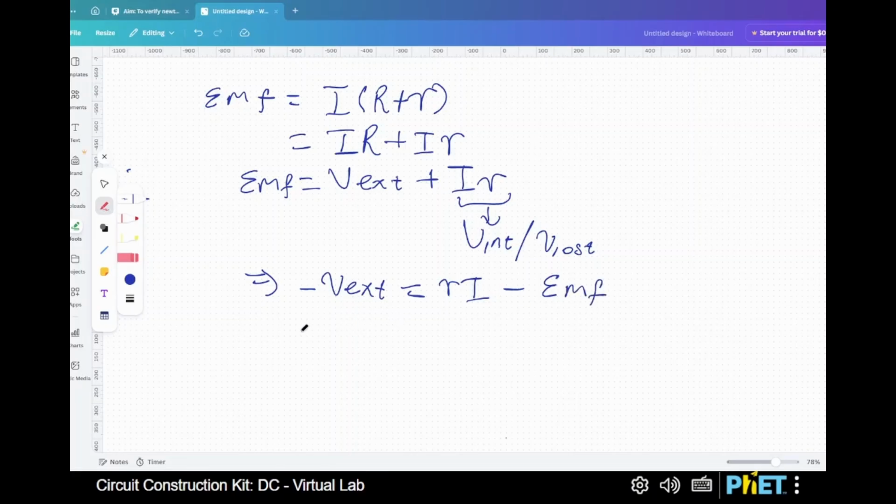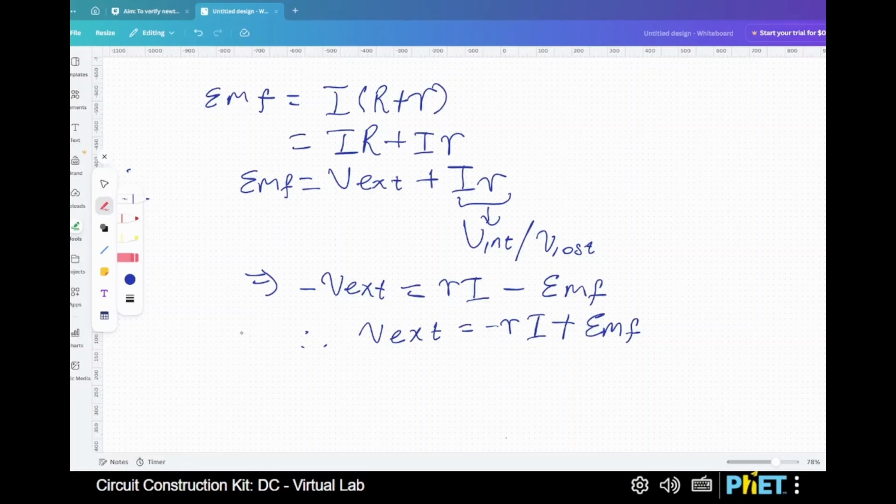So in this form, V external is equal to minus small r, the internal resistance, times I, plus EMF.